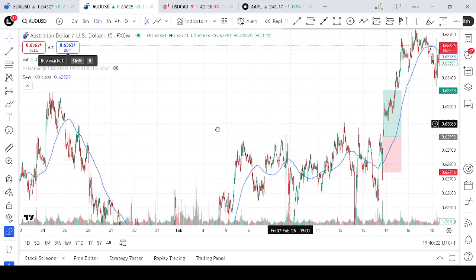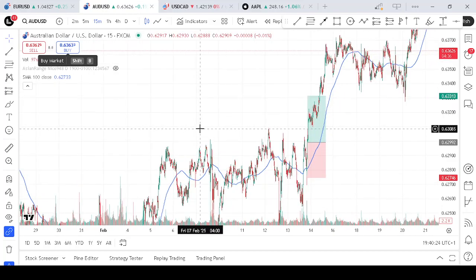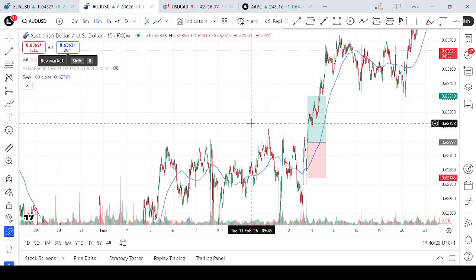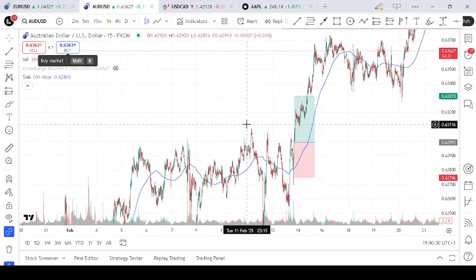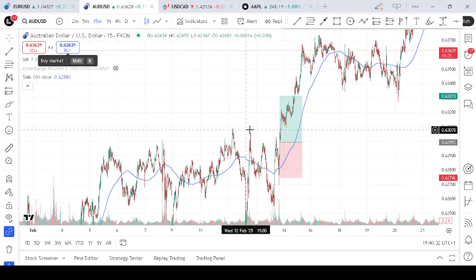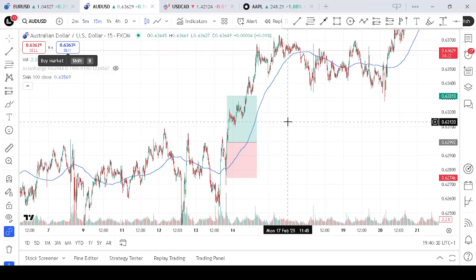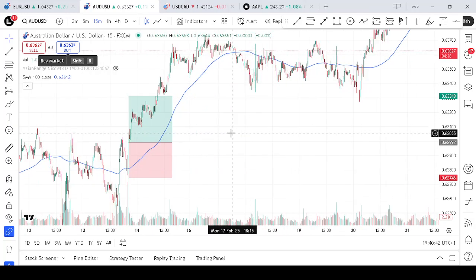Following these steps, identifying trends, waiting for deeper pullbacks and confirmation of continuations, and managing risks, you can effectively trade using the deep pullback strategy. Remember, consistency and discipline are crucial for long-term success with this approach.